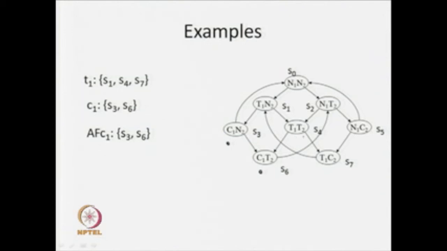So, in S1 both successors are not labeled with AF C1, so S1 will not be included in this particular case. Since S1 is not included, there is no change in this set, so we will terminate the loop. That means AF C1 is true in these two states, S3 and S6.